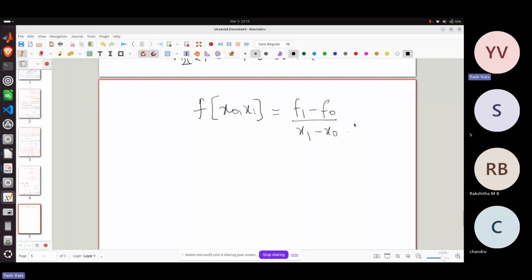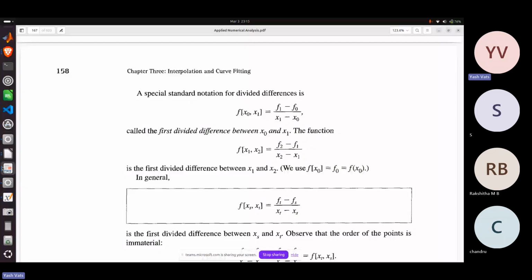Similarly, you can define f[x1, x2]. It's the same as f2 minus f1 divided by x2 minus x1. And f[x0, x1, x2] is this.